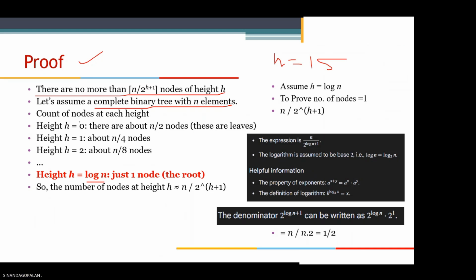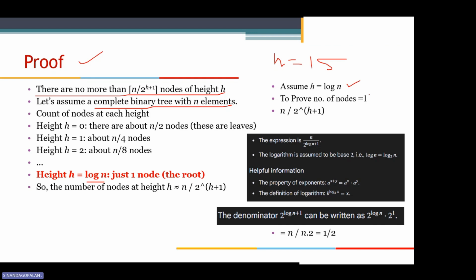OK. So how is this? So we have to prove this at any given h. It cannot have more than n by 2 power h plus 1, where h is the height of the tree. So the height of the tree is assumed as log n. I just now told you that normally binary search also you can take.